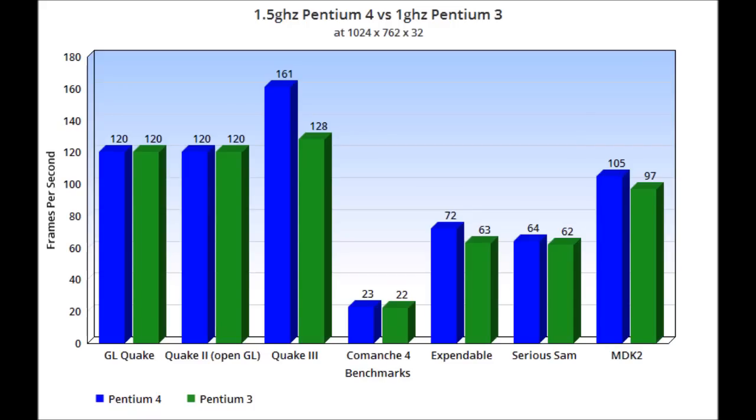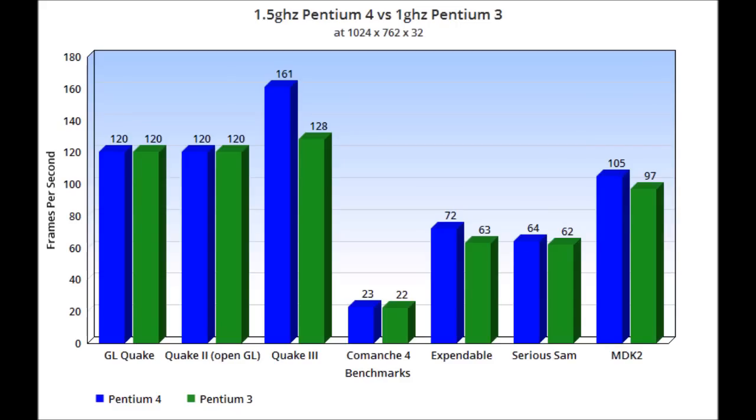Expendable, Millennium Soldier, again, the advantage goes to the Pentium 4, not by too much, but it is definitely noticeable. Serious Sam, again, a very small advantage to the Pentium 4. And MDK2, again, an advantage to the Pentium 4, although it is not massive. What are we looking at? Like 8 or 7 frames difference, but it is there.